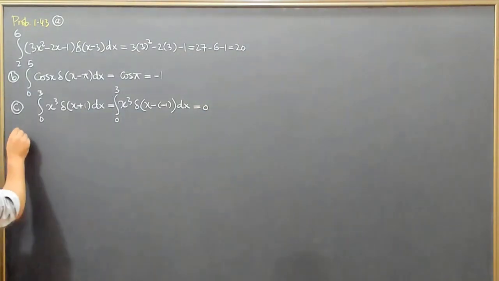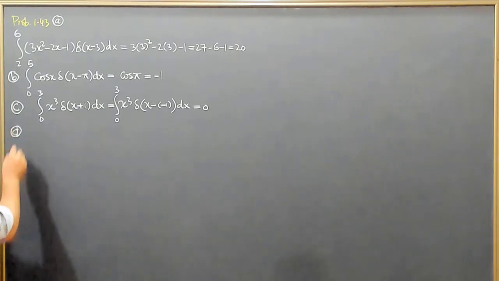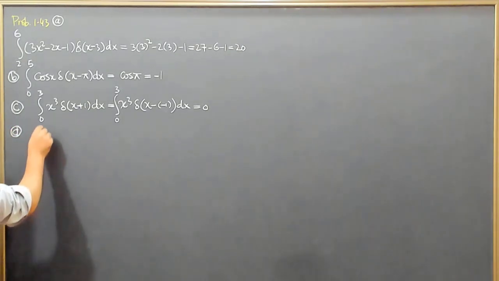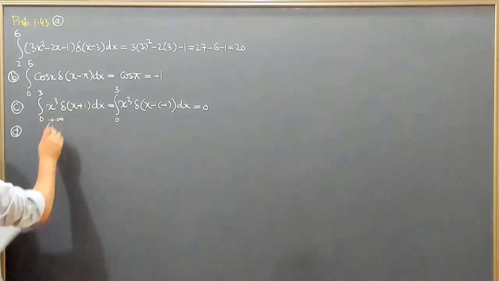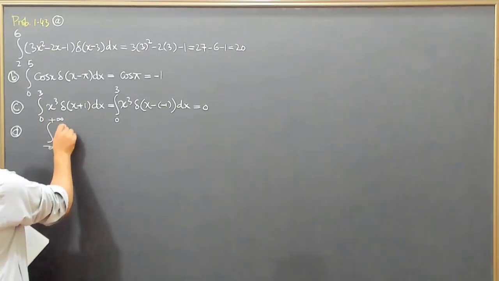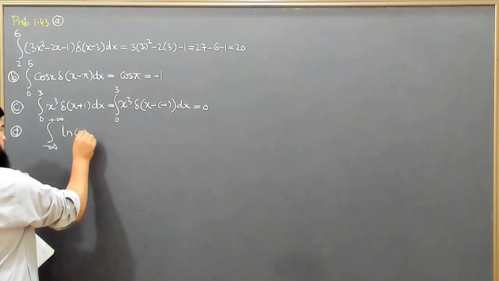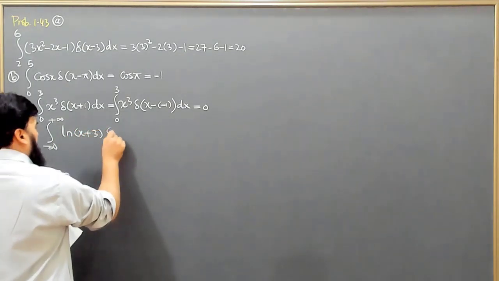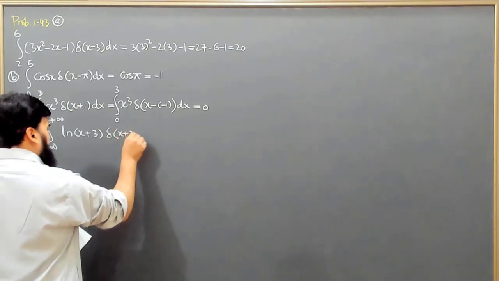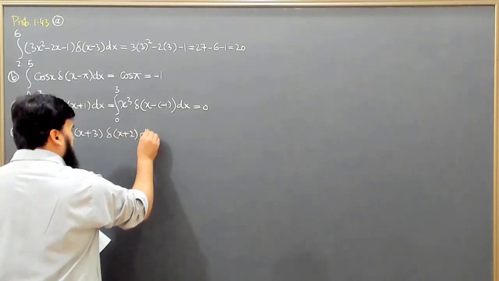Similarly, the D part is from minus infinity to plus infinity of log of x plus 3 times delta of x plus 2 dx.